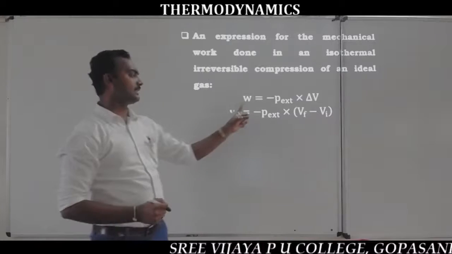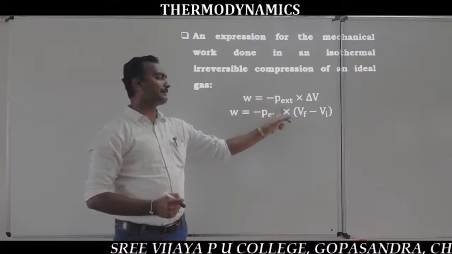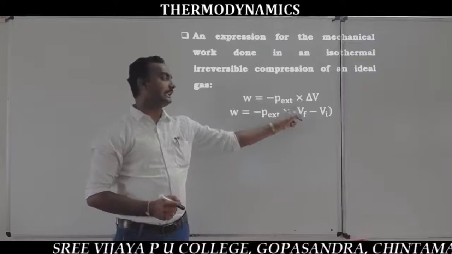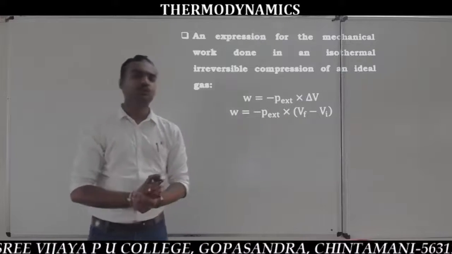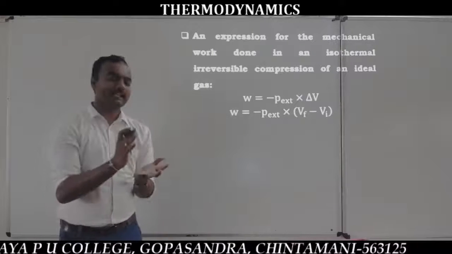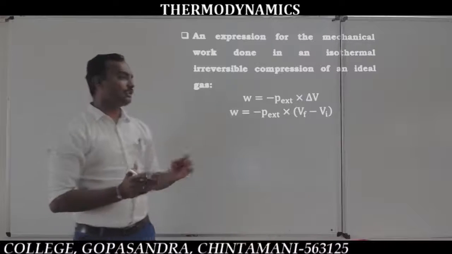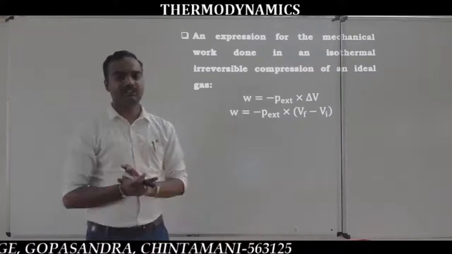For this, W is equal to minus P external, that is external pressure, into delta V. Delta V is called the change in volume, whether compression or expansion. So the initial volume and final volume are very, very important.